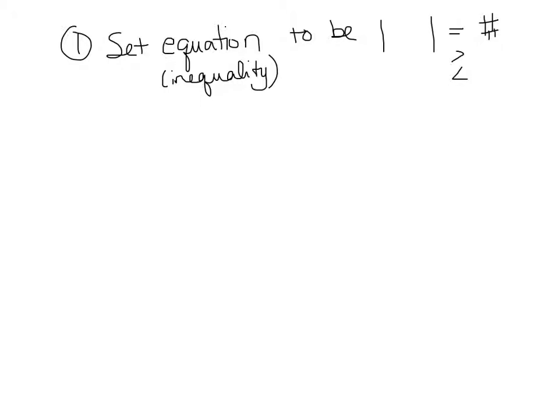You have to do this first. So for example, let's say 3 times the absolute value of x minus 3 plus 5 is equal to, let's say, 14.